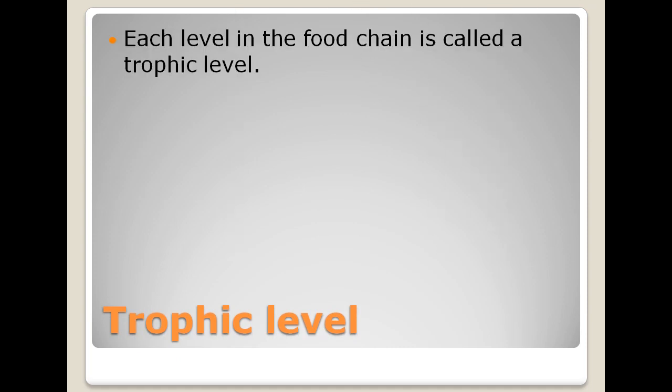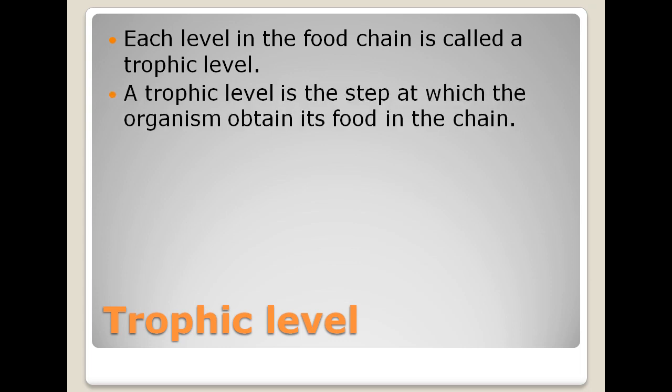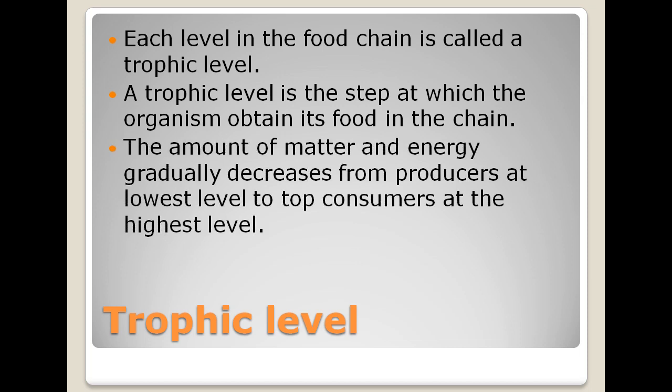Let us see what the trophic levels are. Each level in the food chain is called a trophic level. A trophic level is the step at which organisms obtain their food in the chain. The amount of matter and energy gradually decreases from producers at the lowest level to top consumers at the highest level.